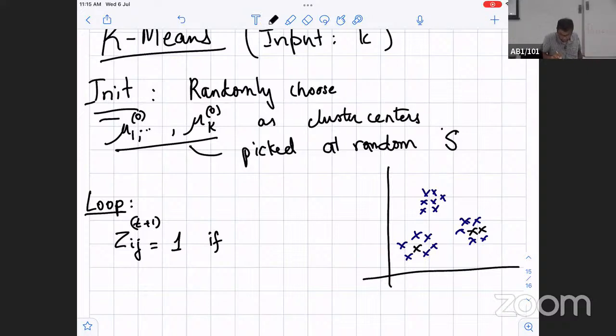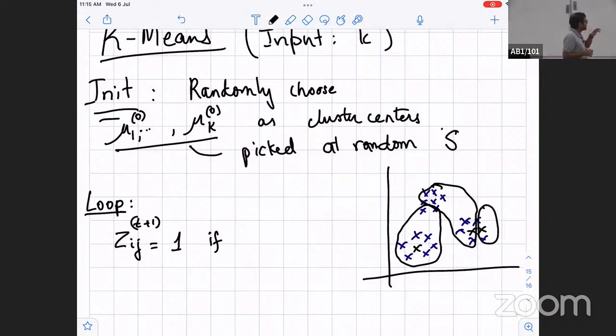You have these black points which are chosen as the cluster centers. I will look at every point and see which are the closest points to that center. So perhaps I will get something like this. The circles that I have drawn are all those points closest to the cluster center that has been initially chosen. There could be some errors because I might not have done it carefully, but you get the idea. Is that all right?